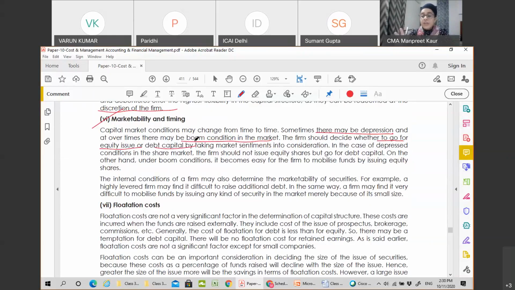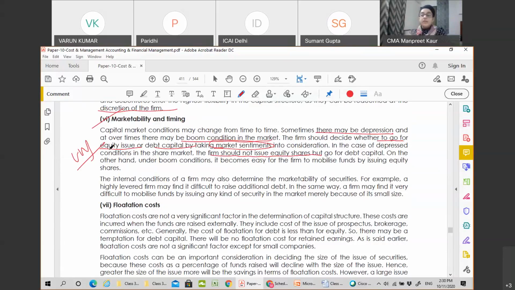Whether we go towards equity or towards debt, we have to take market sentiments or market conditions into consideration. In case of a depressed condition, the firm should not issue equity shares. This is very important in terms of MCQs plus in your practical aspect.